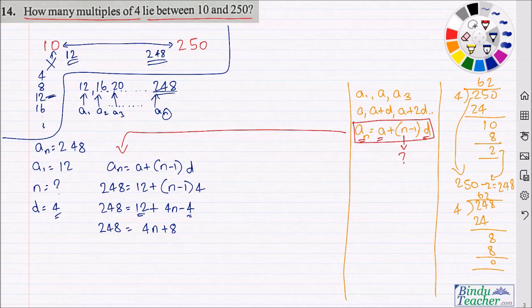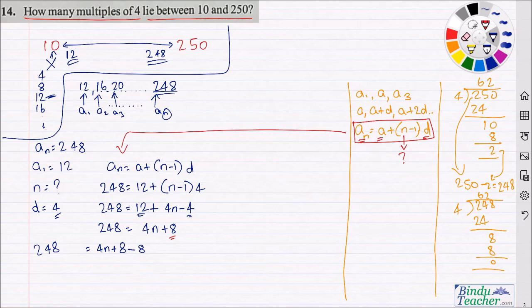So now we will keep n on one side and remove all the other values. So I would like to remove the 8 here. How can we do that? We can do that by balancing the equation. So I'll write 248 equals 4n plus 8. If I want to remove plus 8, I will add a minus 8.